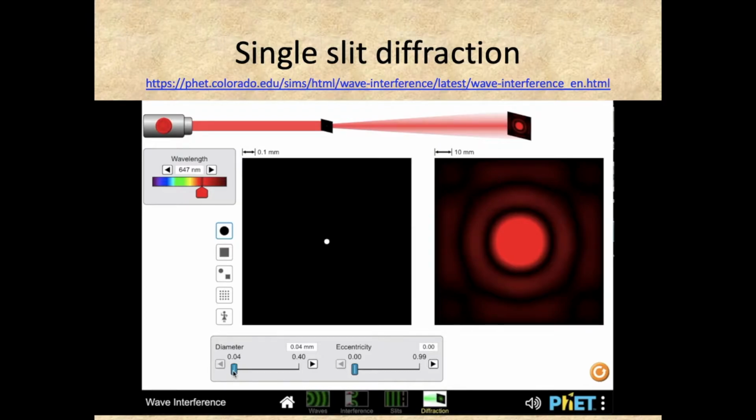So now I have another simulation to show. Here we have the gap size. This is a circular aperture, and this screen shows the image that forms on the screen. So this is a source of currently red light.